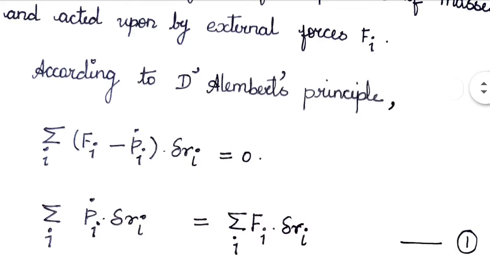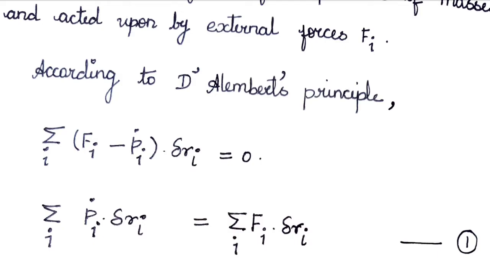Here, Fi is the force acting on the system, minus Pi dot is the reversed effective force, and delta Ri is the virtual displacement. So, let us bring this delta Ri inside. We will get the sum over i of Fi delta Ri minus Pi dot delta Ri equal to 0.